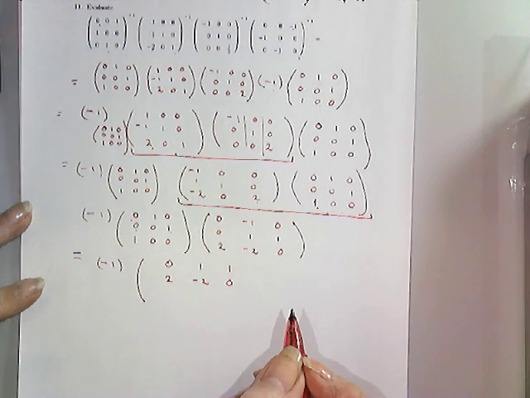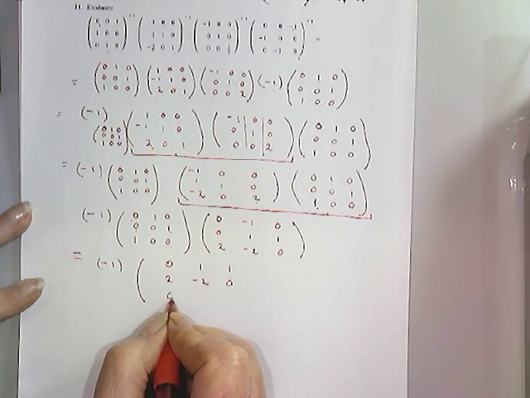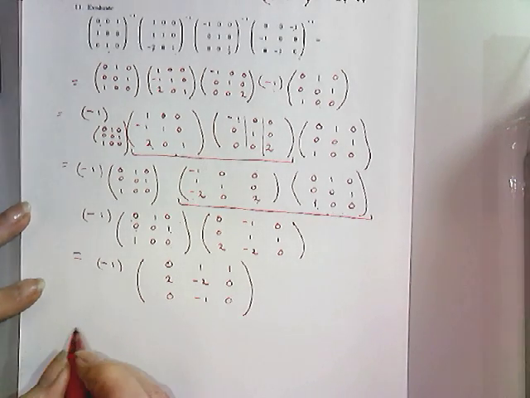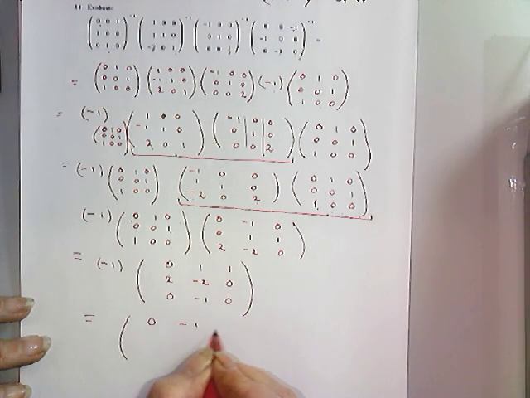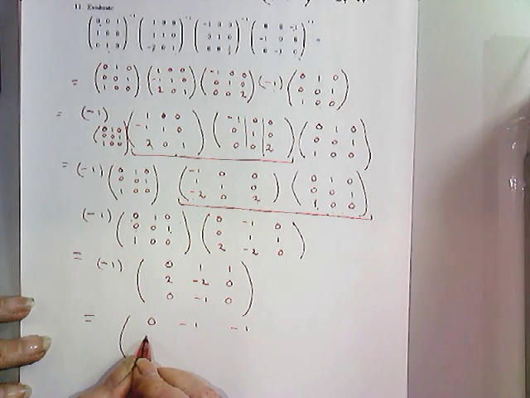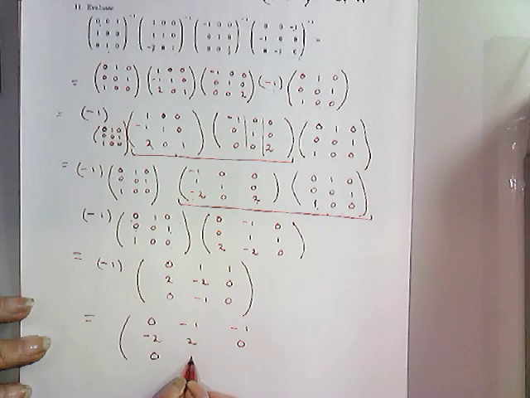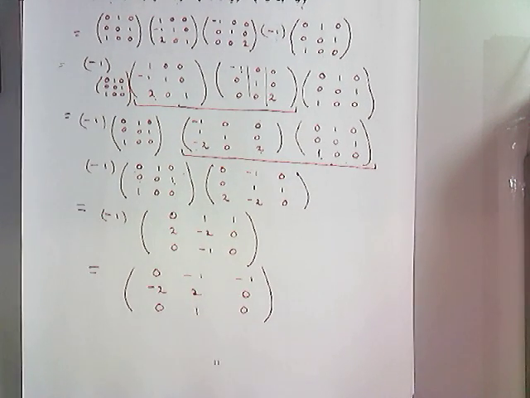And then the last row will be the first, 0, -1, 0. When we multiply by -1, we end up with 0, -1, -1, -2, 2, 0, 0, 1, 0 as our resulting product.